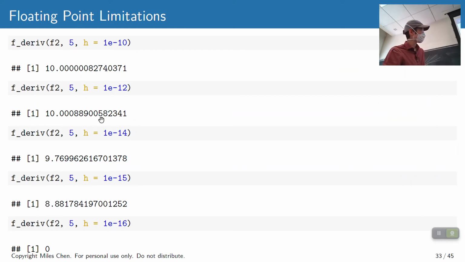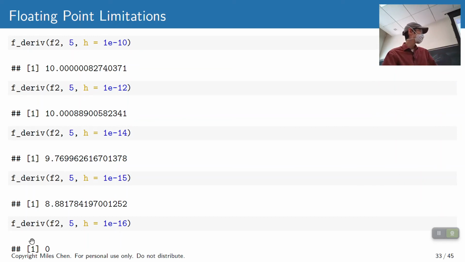And so here we can see, even as it gets even more extreme, 10 to the negative 10, 10 to the negative 12, 10 to the negative 14, 10 to the negative 16, we're off by quite a bit, right? The true derivative being 10, and we're off by 8.88, and that's because that's 10 to the negative 15. And if I try to do 10 to the negative 16, I've really hit the limit of floating point accuracy, right? Because we can really only show up to 16 decimal places of precision.